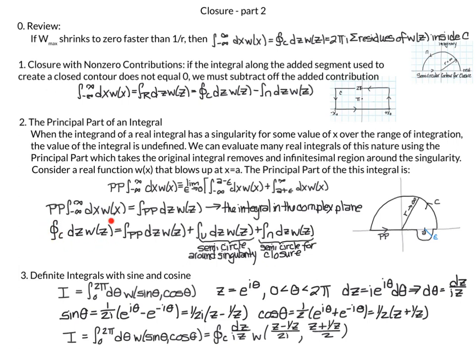Now our closed curve integral is equal to the principal part, that's this straight line with this little circle that removes A, but we need to add back the little circle we've taken out in the principal part. So we have this U shape, to suggest this right side circle, this open circle pointing up along w(z).